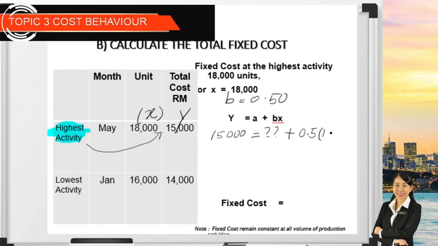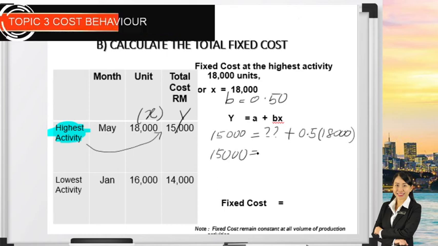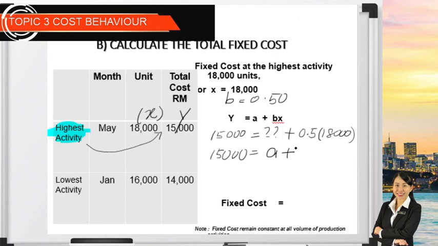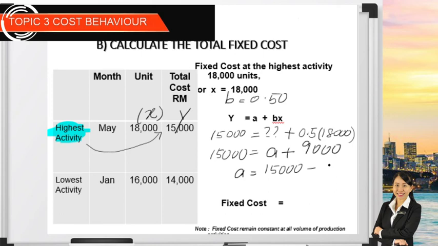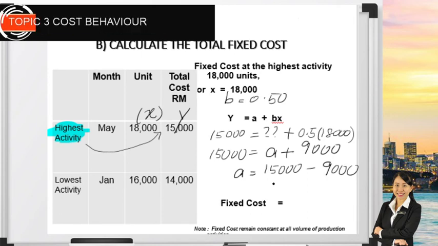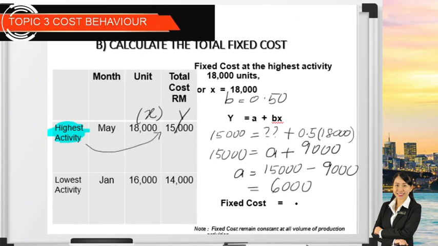So 0.5 multiplied by 18,000. What is our answer? We got 9,000. So our a equals 15,000 minus 9,000. We also get 6,000 for our fixed cost.